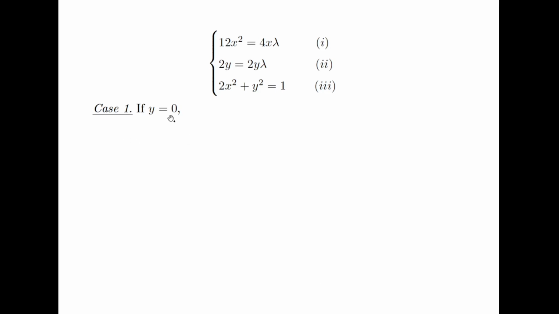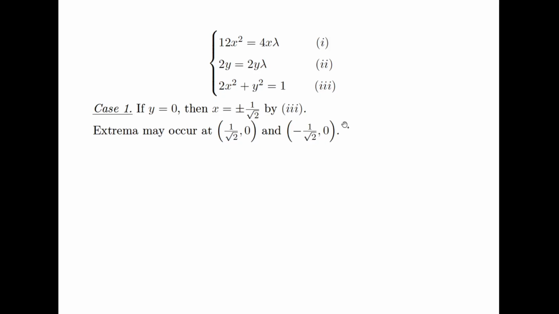So in the first case, if y is equal to 0, then substituting into the third equation, we have 2x squared is equal to 1, or x is plus or minus 1 over the square root of 2. Therefore, the extrema may occur at (1 over square root of 2, 0) and (negative 1 over square root of 2, 0).